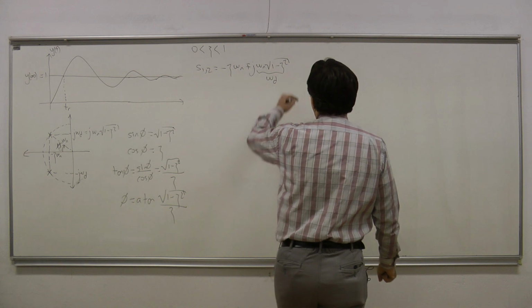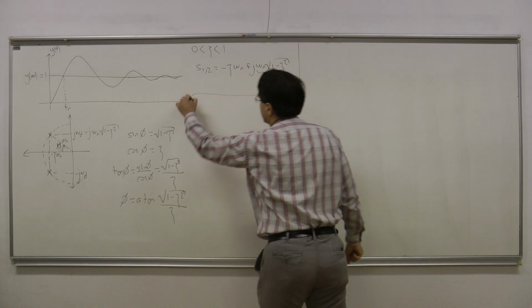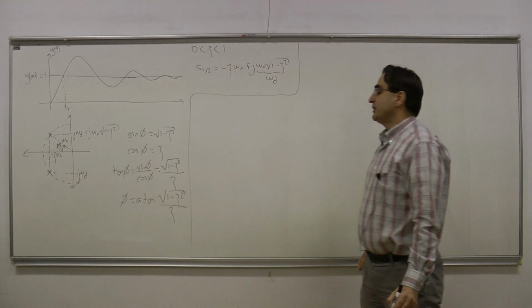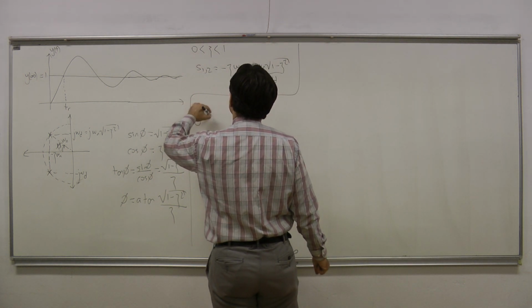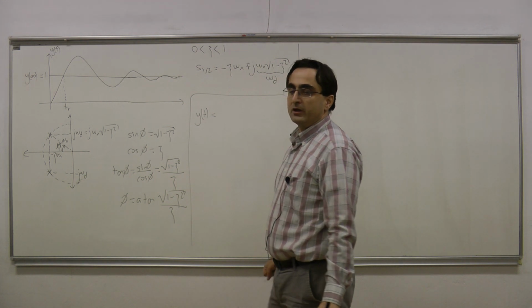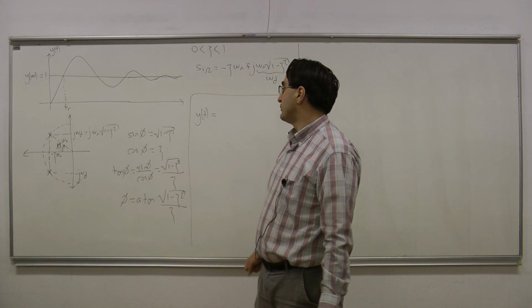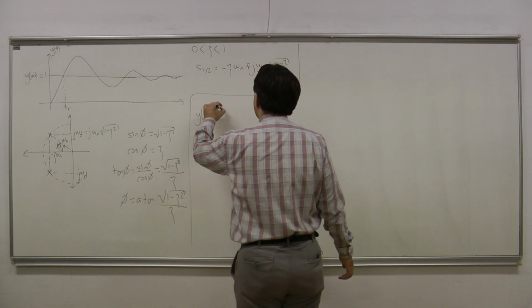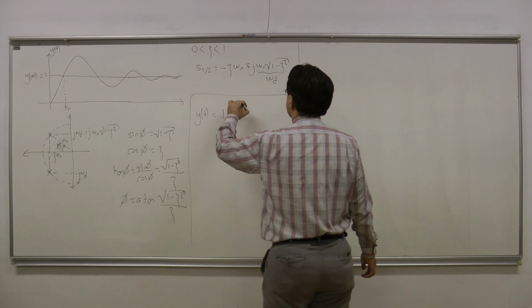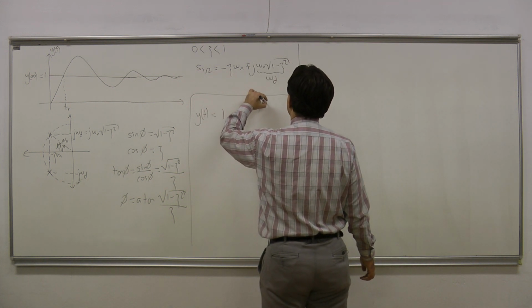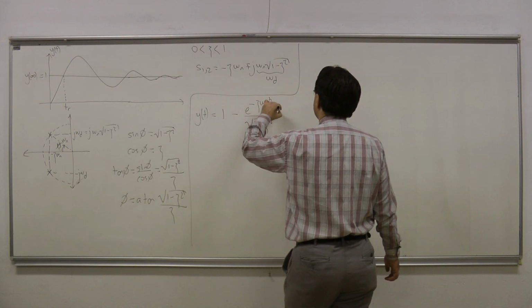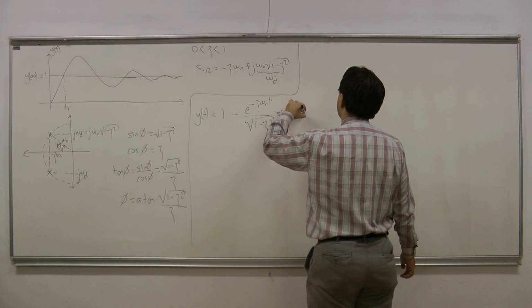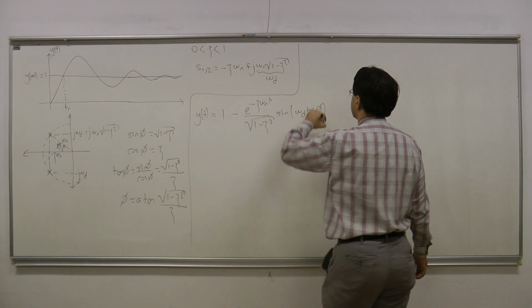Before we start with the derivations, let us remember what we derived in the last lecture. We derived the general form of y of t for the second order system in standard form. This is the step response, and it has the following form: e to the power minus psi omega n t divided by square root of 1 minus psi square, times sine of omega d t plus phi.